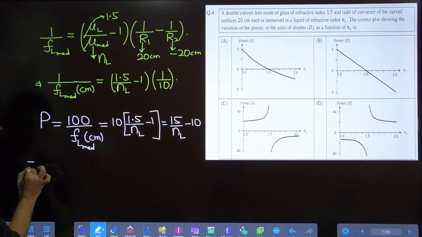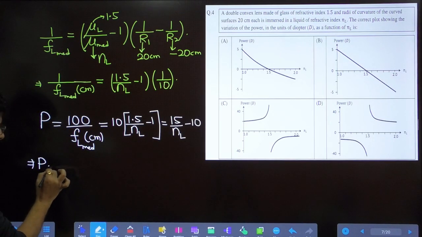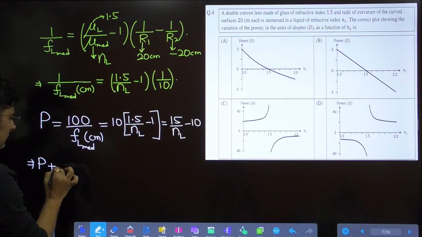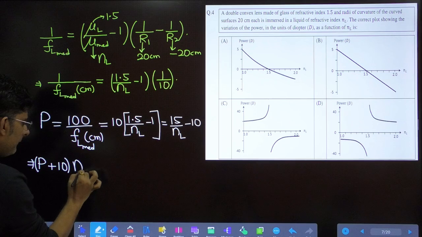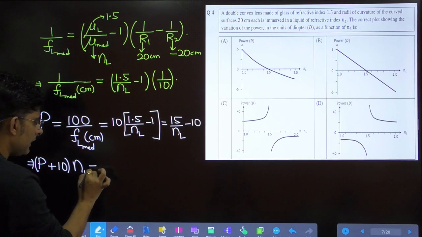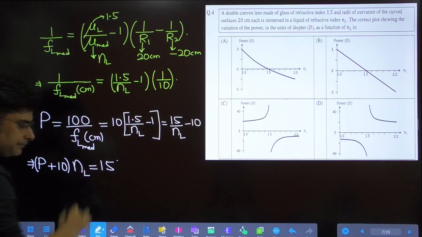So if you arrange the terms on one side, we can see P plus 10, then multiply NL. This will become equals to 15.